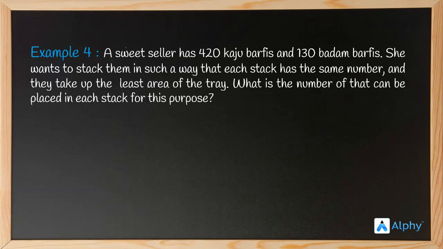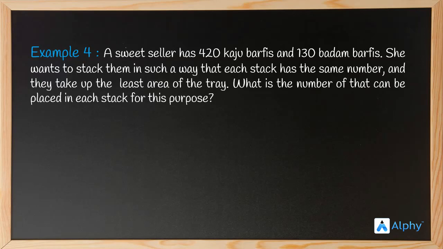So what this means is that in every stack we want the maximum number of barfis to be there, right? So that there are a minimum number of stacks. If you want the maximum number of barfis, to find this, we are actually going to need to find the HCF of both of these numbers.